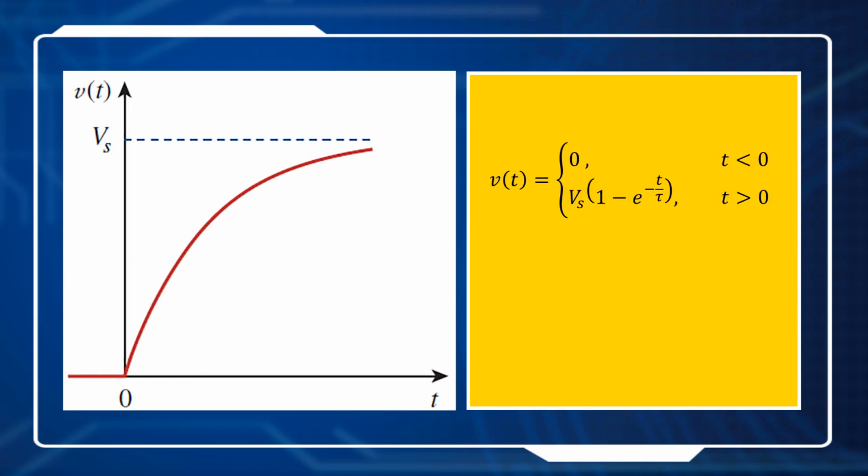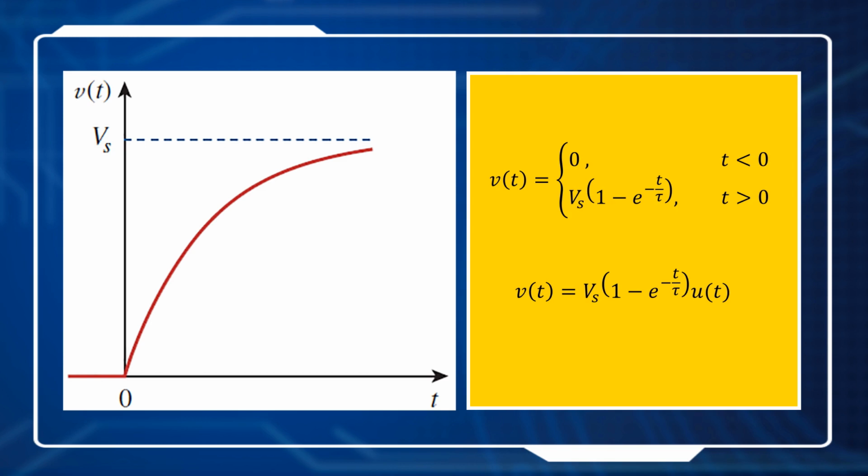And when t is greater than 0, V(t) equals Vs multiplied by (1 minus e to the minus t over tau power). And we can rewrite this solution as V(t) equals Vs multiplied by (1 minus e to the minus t over tau) multiplied by u(t), where u(t) is the step function.